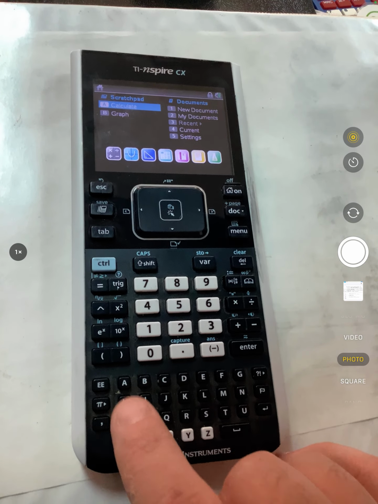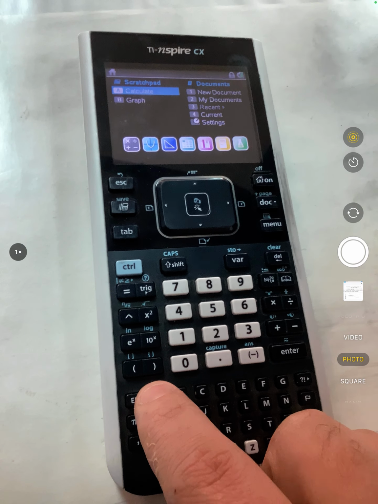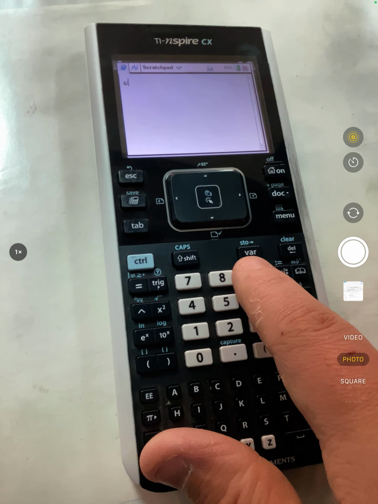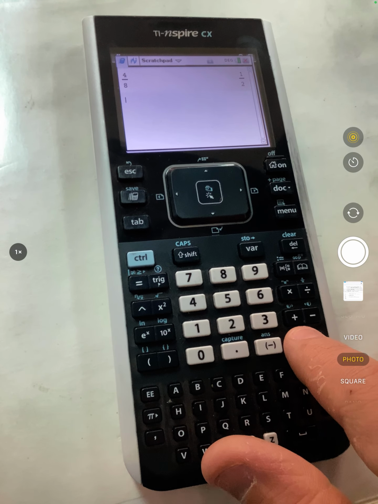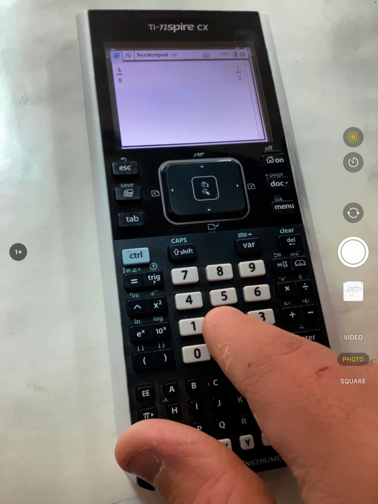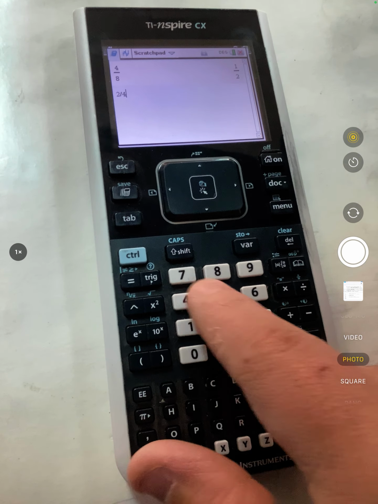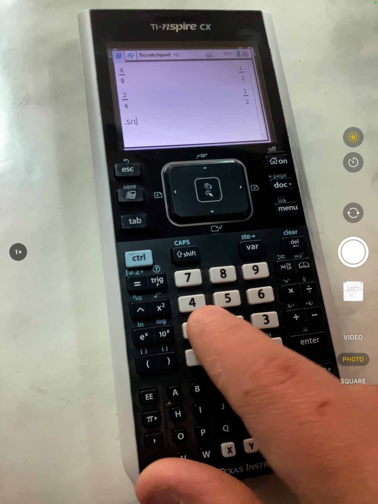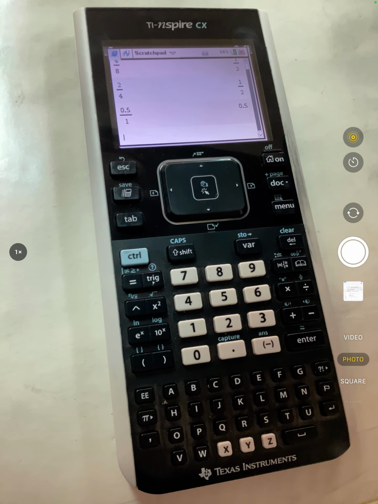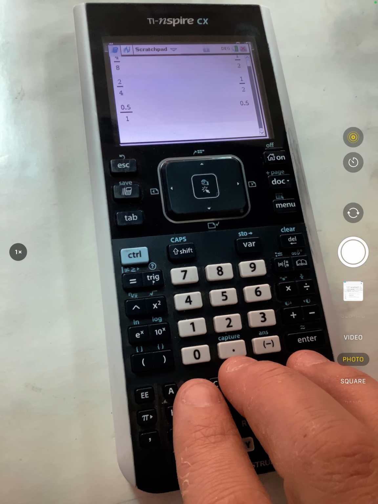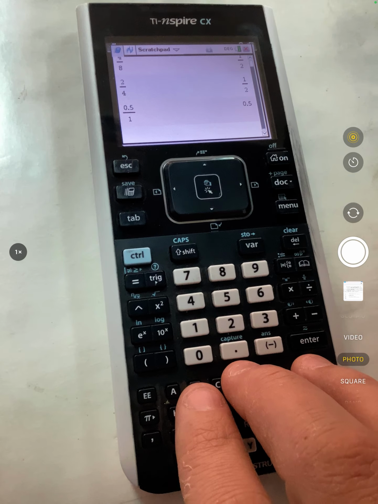There we go, delete that. If I do 4 divided by 8, it'll still give me 1/2. I could do 2 divided by 4. I could do 0.5 divided by 1. That 0.5 can actually be converted into a fraction as well, all right?